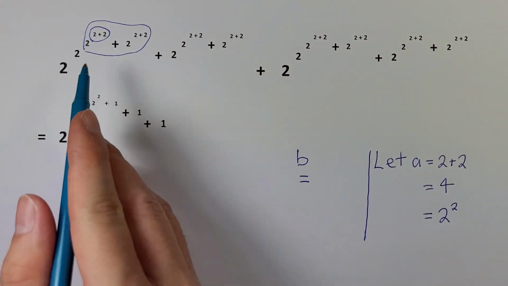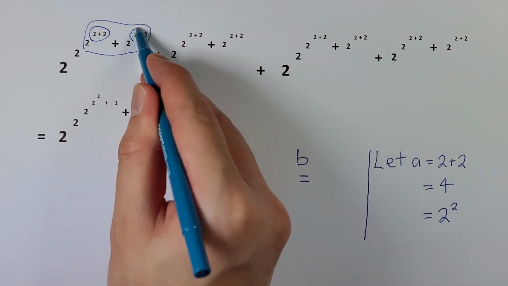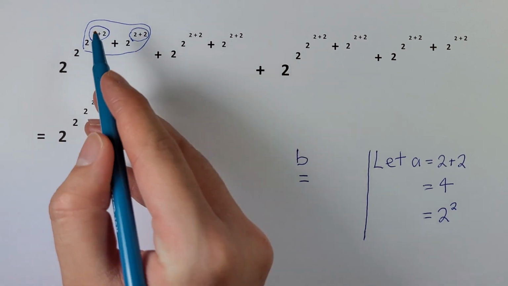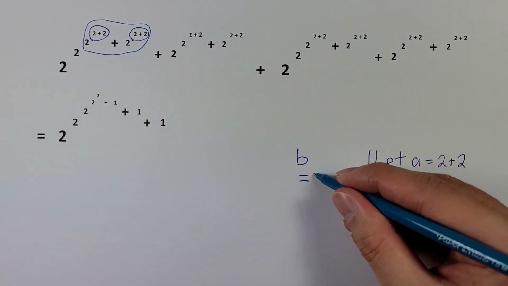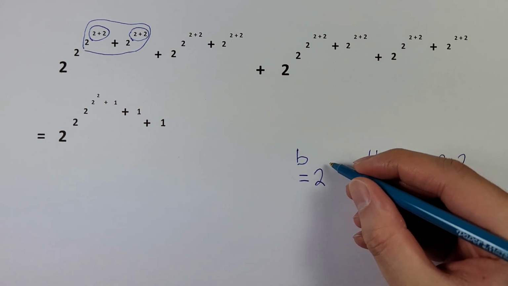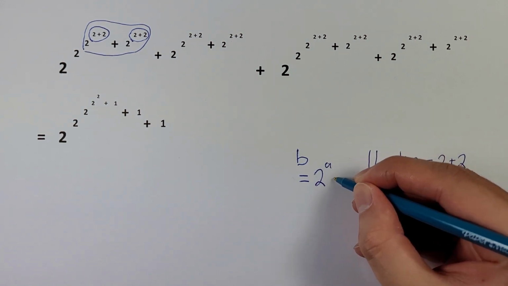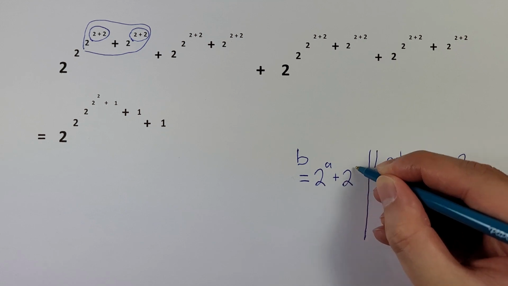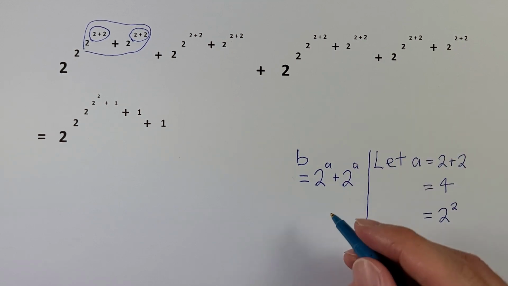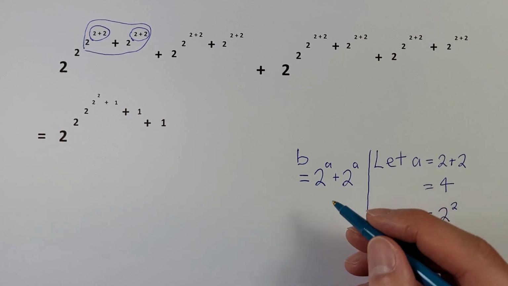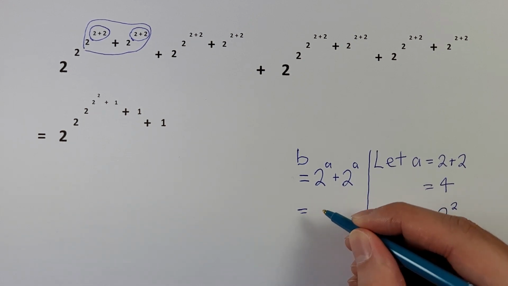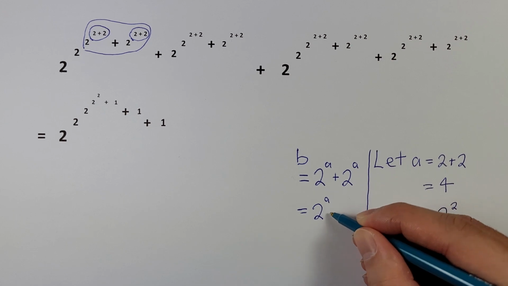First of all, notice here that this exponent, 2 plus 2, is the same as a. So I can rewrite this: b equals 2 to the power of a plus 2 to the power of a. Because these two numbers are the same, we can rewrite this as 2 to the a times 2.